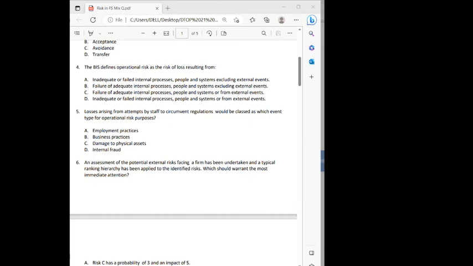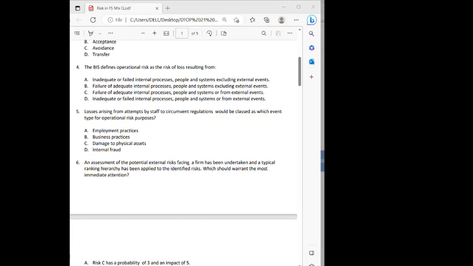Right. Let's see the question. So most of you are giving the same correct answer. The BIS defines operational risk as a risk of loss resulting from inadequate or failed internal processes, people, and systems, excluding external events. Incorrect. Failure of inadequate internal processes, people, and systems, excluding external events.